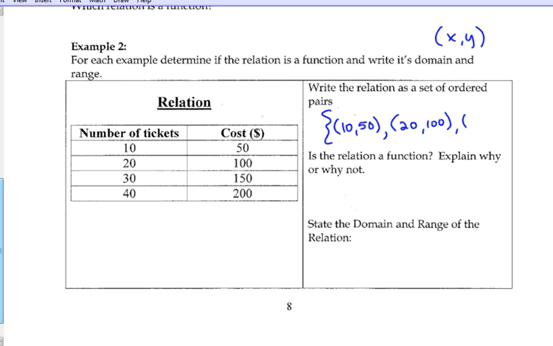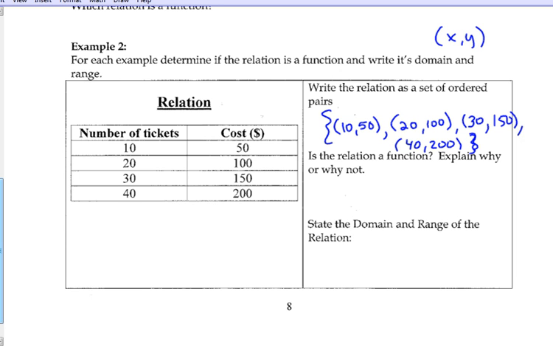Then we have 150 and 4200. And then last, when we're done with our ordered pairs, we have to close the set. Okay. Let's go down to the last question, and we'll go back to the middle question.